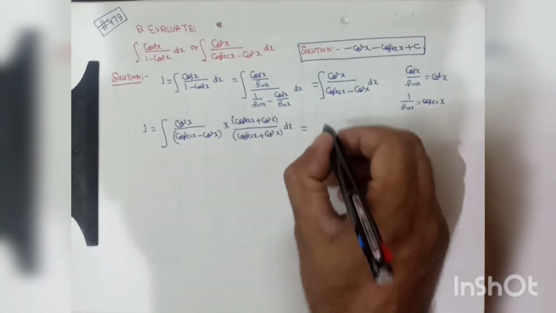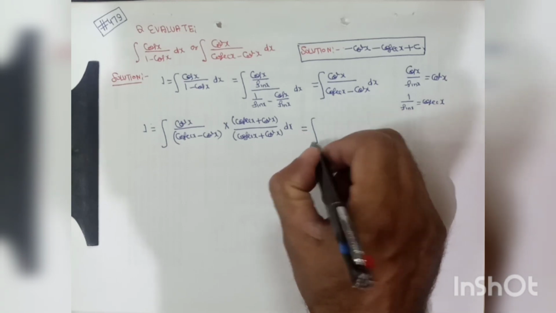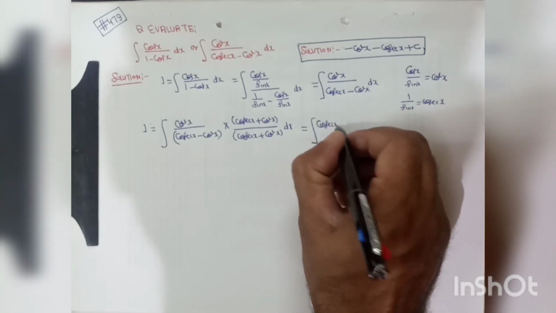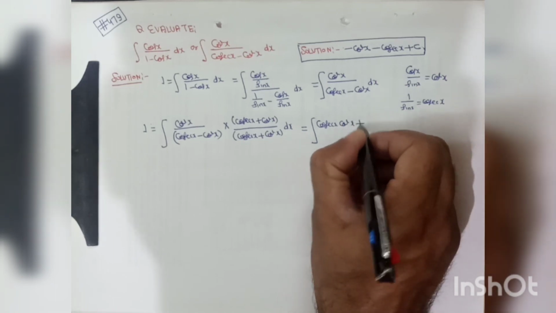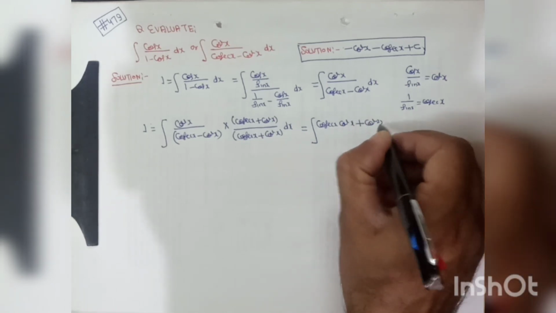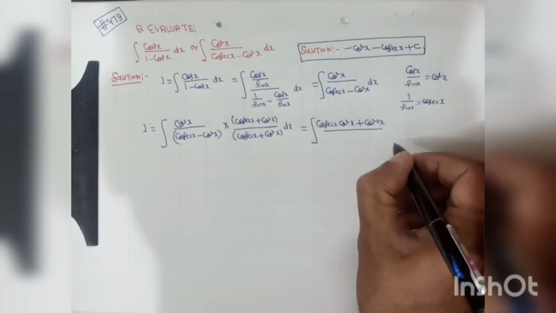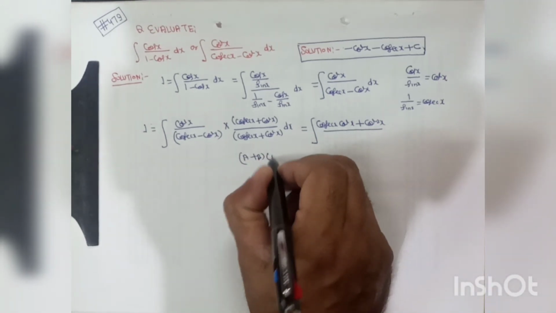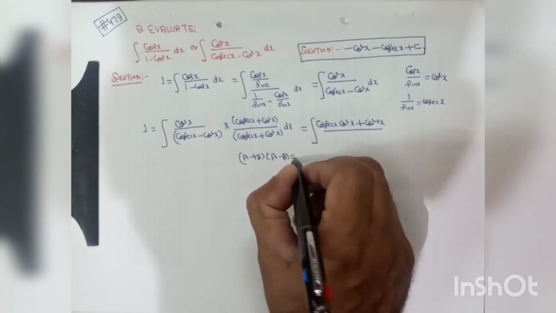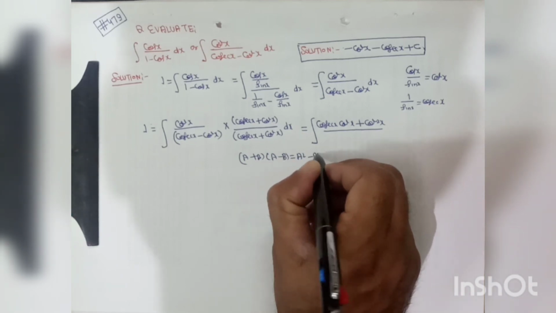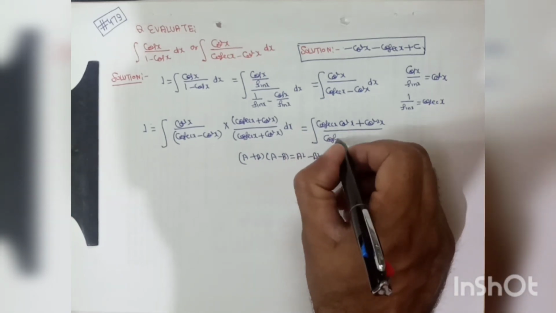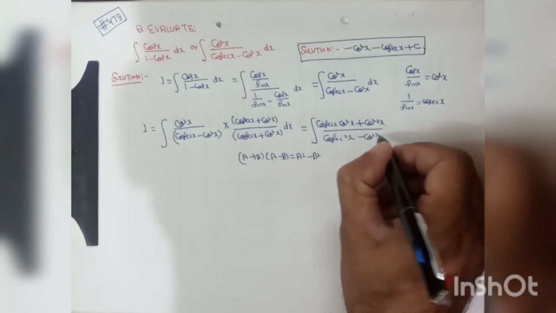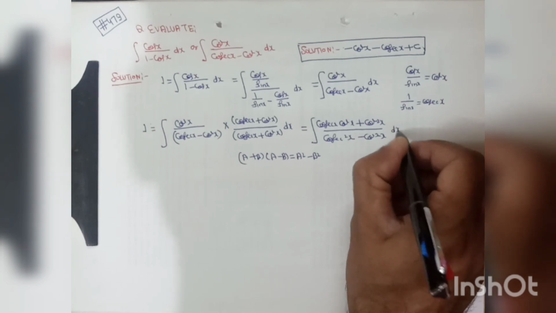Now this may be written as numerator cosec x into cot x plus cot square x, divided by, we know a plus b into a minus b is equal to a square minus b square. So the denominator may be written as, by applying this formula, cosec square x minus cot square x dx.